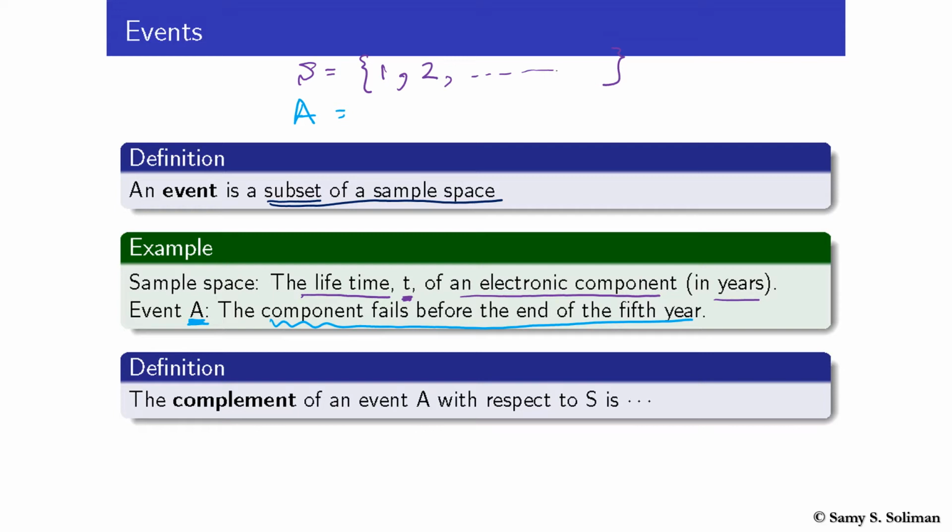This defines that a component fails by the end or before the end of the 5th year, which means that it can fail within the 1st year, 2nd year, 3rd, 4th, or 5th. So as we can see, event A is a subset of the sample space S.